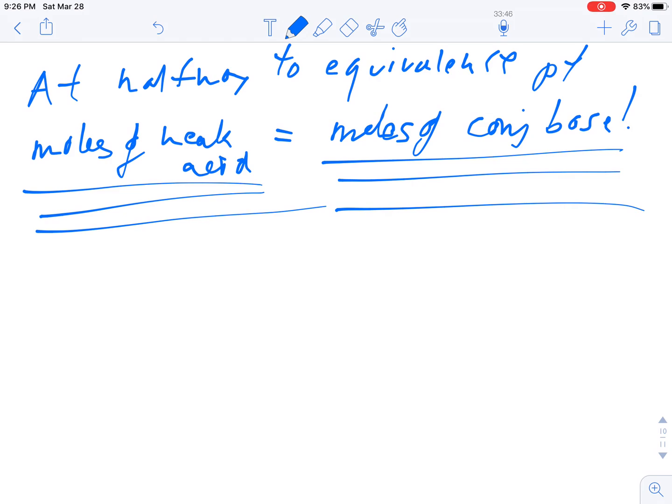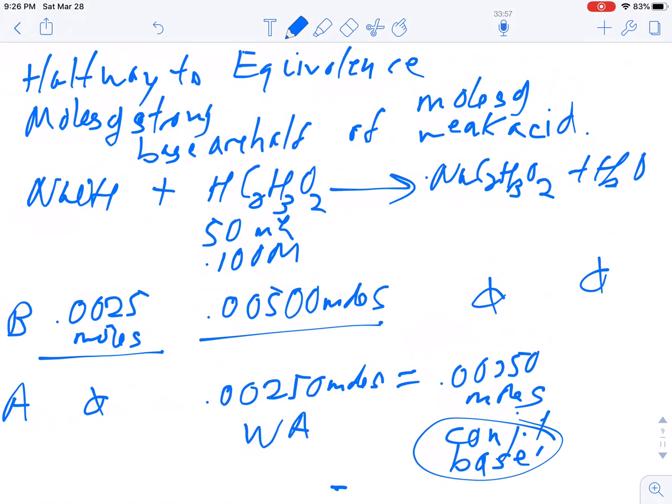Okay? At halfway to the equivalence point, the moles of weak acid equal the moles of conjugate base. It's not that the moles of the strong base is equal to the moles of weak acid. No. Okay? That is not the case.